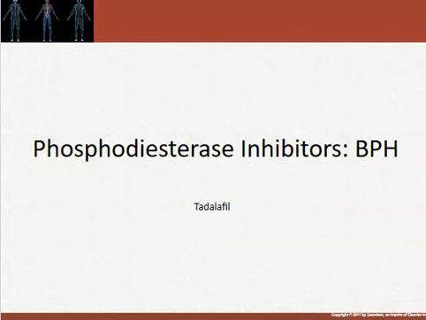The next group of drugs that fit into the BPH treatment paradigm are the phosphodiesterase inhibitors. And the only drug that's actually really been shown to be effective is tadalafil.